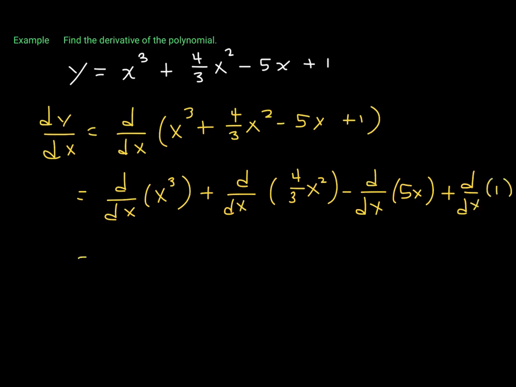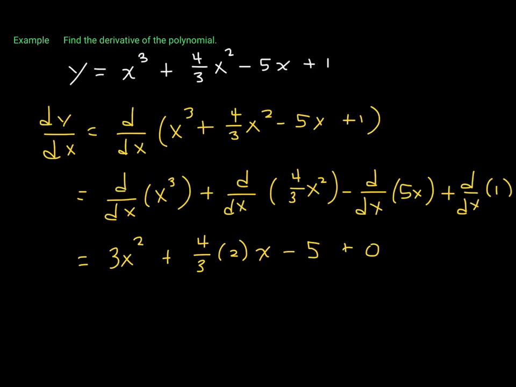All right, and now for the derivative of x cubed, we're using the power rule to say that this is equivalent to 3x squared plus, here we're using both the power rule and the constant multiple rule, to say this is 4/3 times 2 x to the power of 2 minus 1, which is 1, minus 5, plus 0.